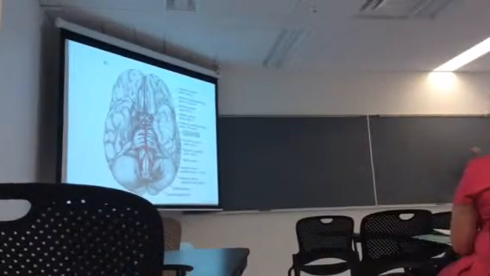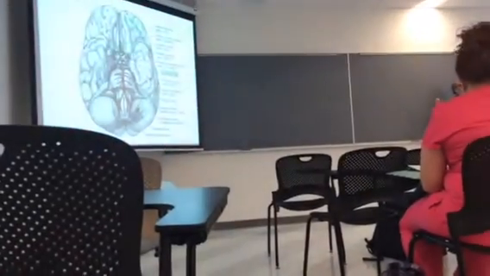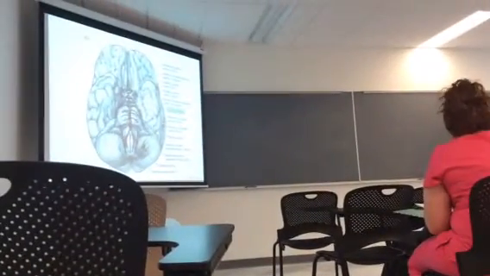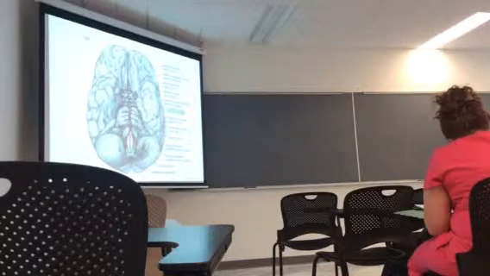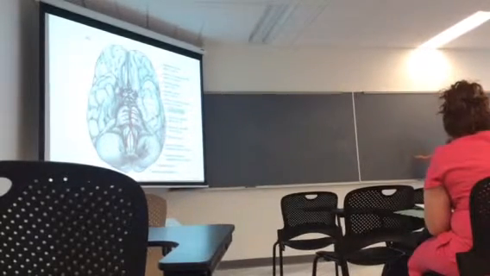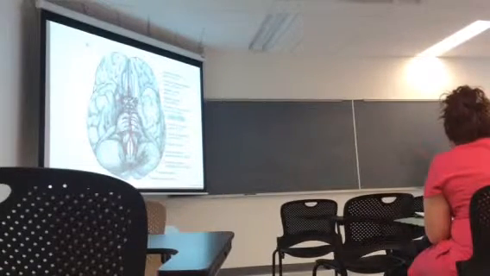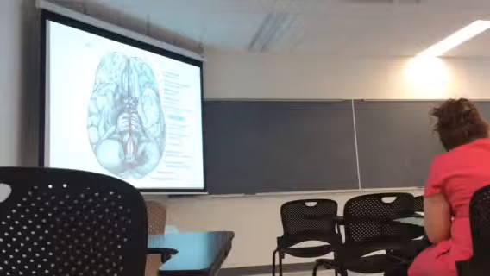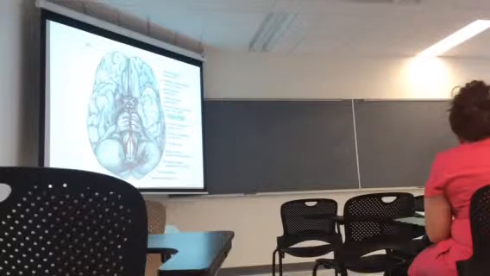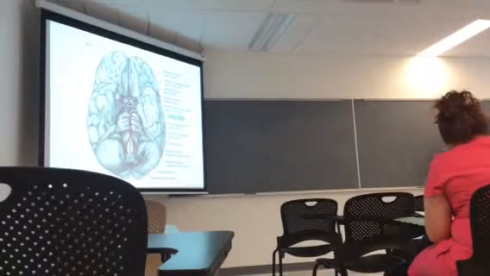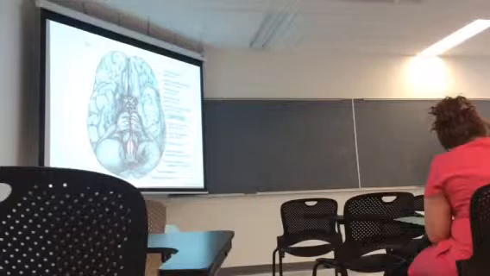For everything here, with the exception of the basilar artery, they're bilateral. You have left ones and right ones. Now, the vertebral arteries here have another cerebellar artery that comes off before the basilar. The posterior inferior.